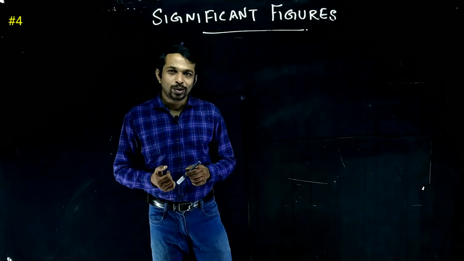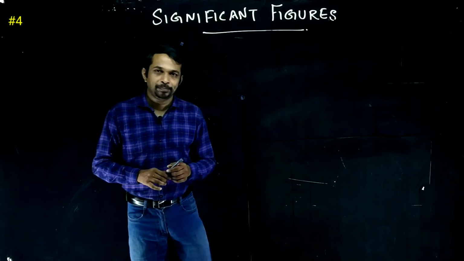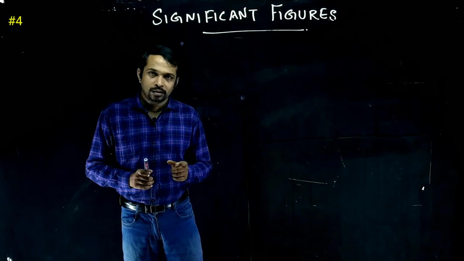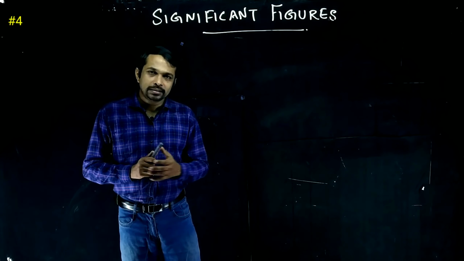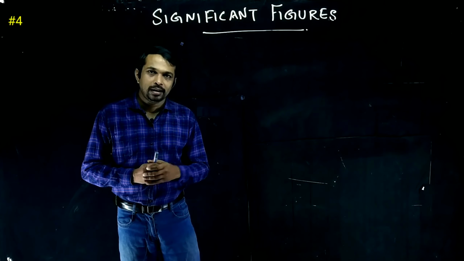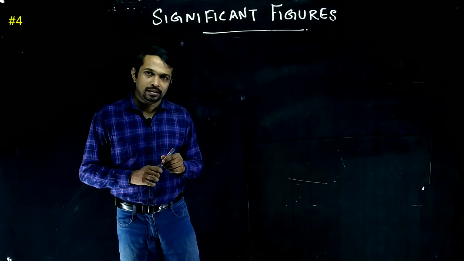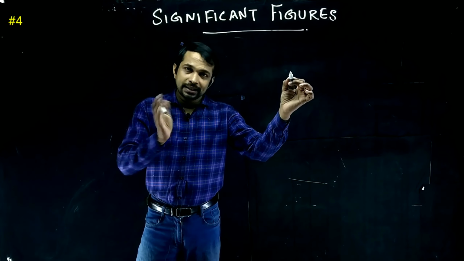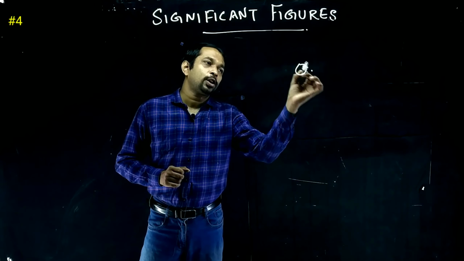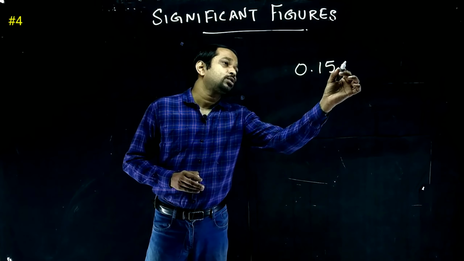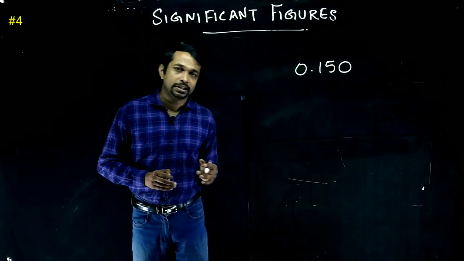Now the third rule, listen carefully. If a number is less than 1, all the trailing zeros to the right side of the decimal are significant. Let me explain with an example. The number is less than 1. Okay, the number is 0 point. And all the trailing zeros to the right side of the decimal.